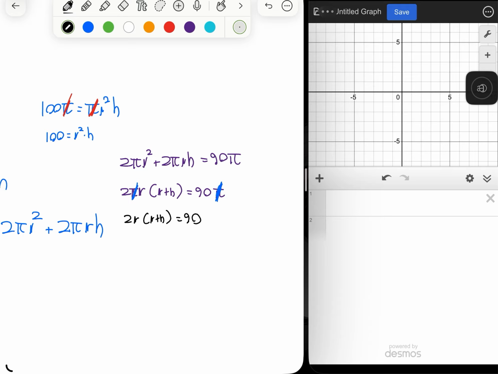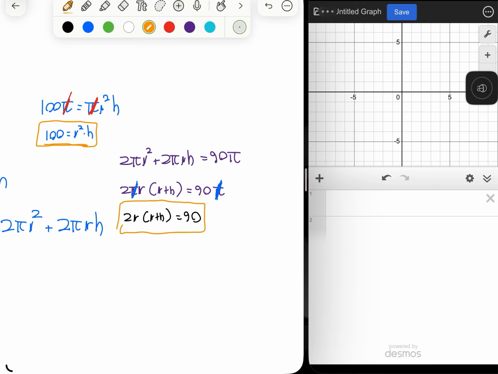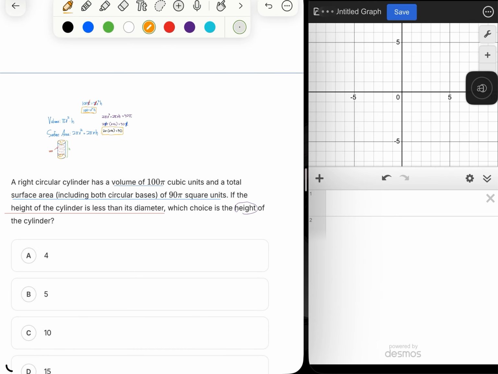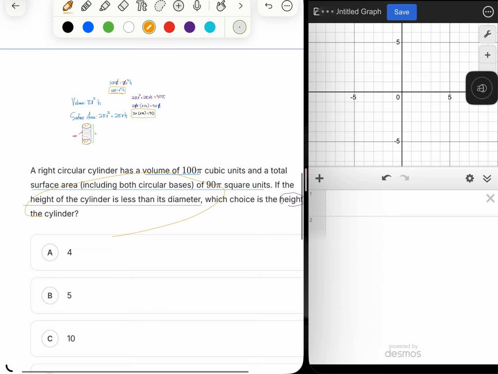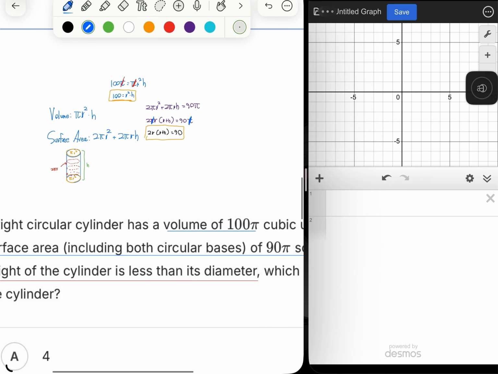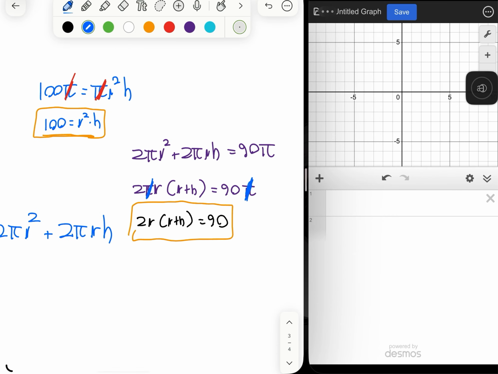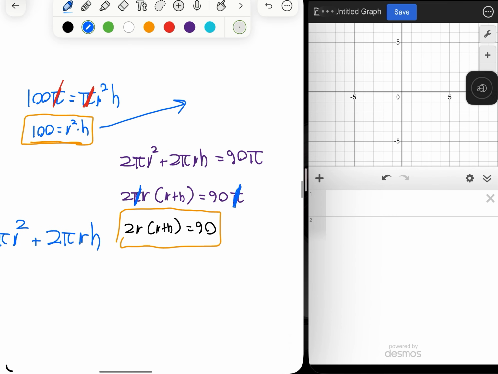Well, now what? We have two equations here, and we're trying to find the height of the cylinder, if the height is less than the diameter. Well, let's get everything in terms of one variable. So if we solve for h, that would give you 100 divided by r squared equals h.